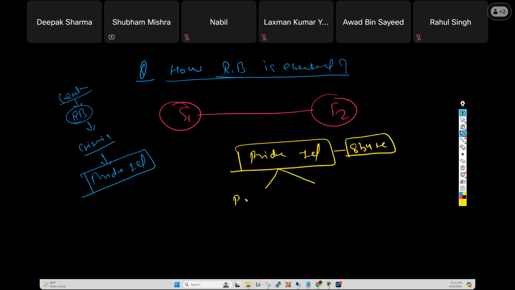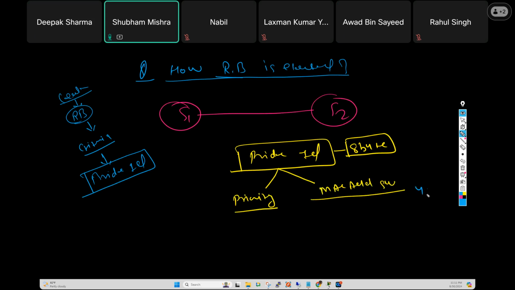Bridge ID is made up of two things. The first one is priority, and the second one is the MAC address of the switch. What is the size of a MAC address? I already told you: 48 bits.